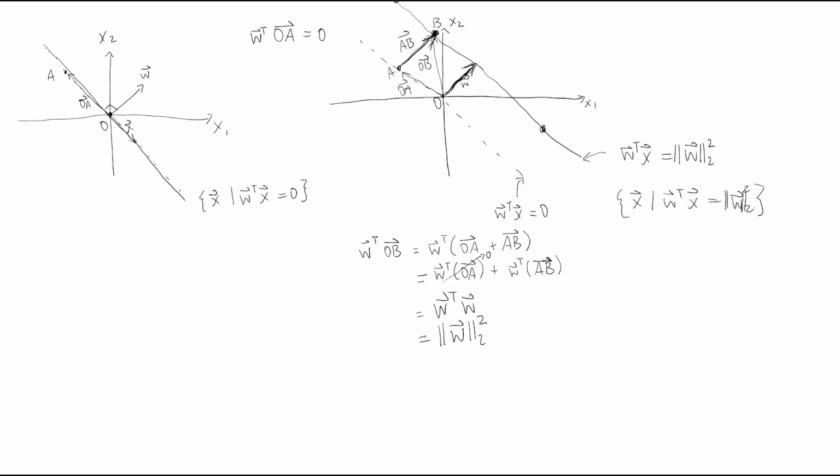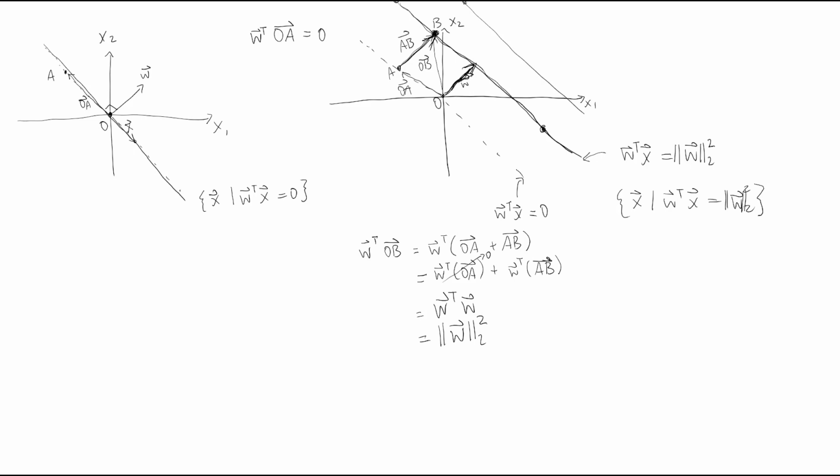We did this calculation assuming that this line here is moved up from the original line that passed through the origin by a distance of the norm of W. In general, we could have picked some other line, let's say this one, and suppose we pick the point B over here.